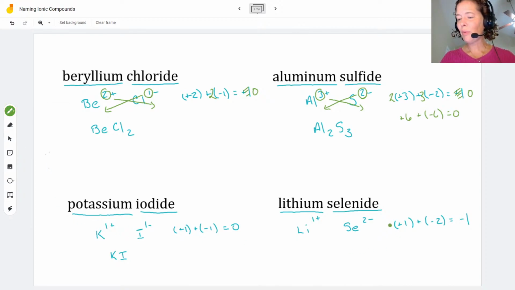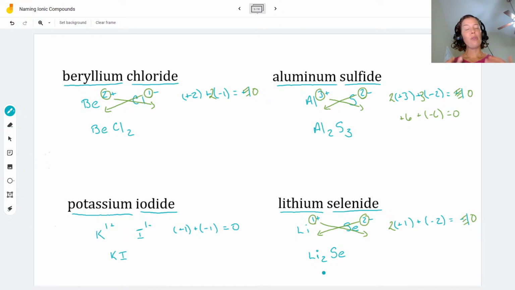So in this case, we want to multiply our cation by 2, and then that will give us a neutral compound. Again, you can use crisscross. This 2 comes down to the lithium. This 1 comes down to the selenium, but of course we don't write it down because we don't write our 1s down. So you can see I'm getting the same thing using both methods.